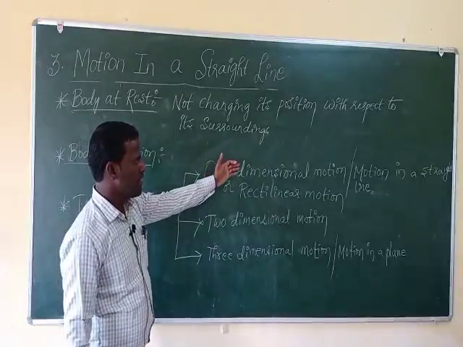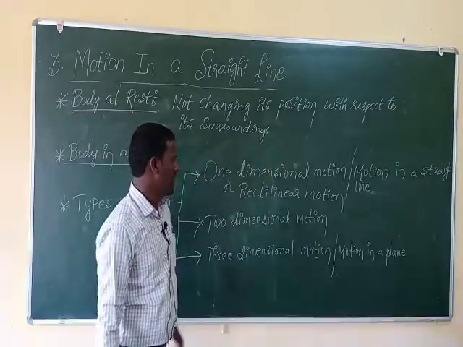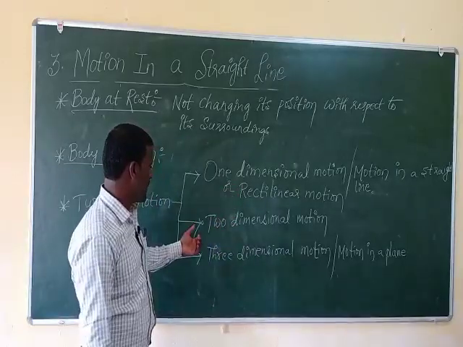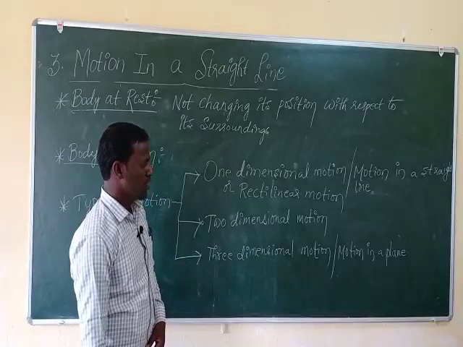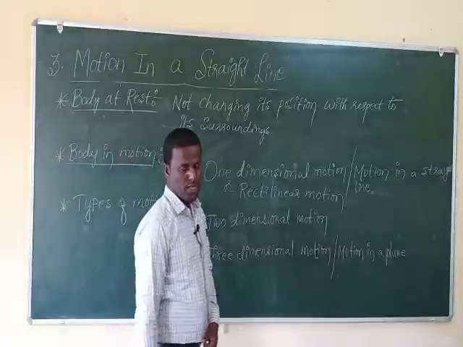One-dimensional motion is also called motion in a straight line or rectilinear motion. The second type is two-dimensional motion, and the third type is three-dimensional motion or motion in a plane surface.